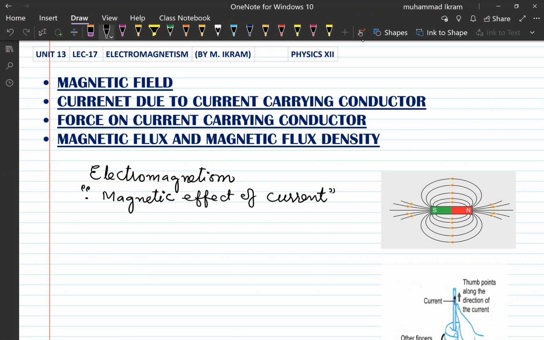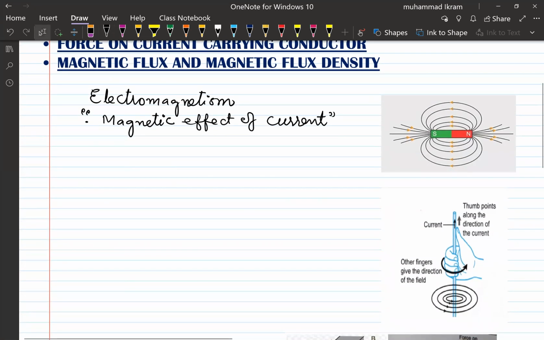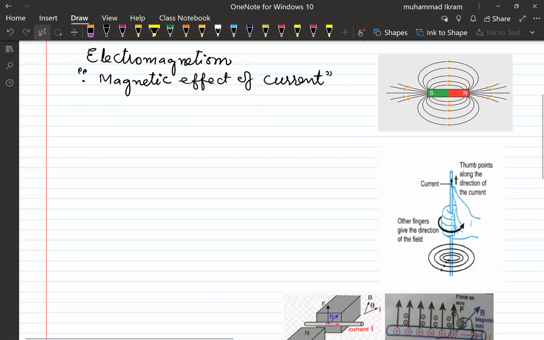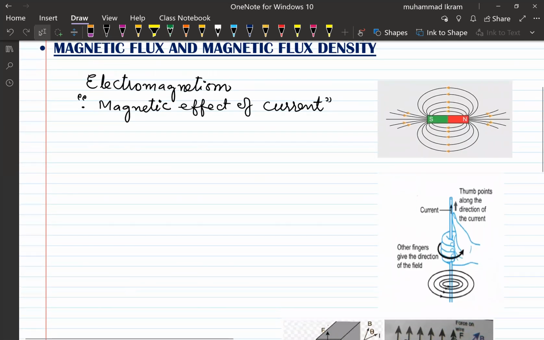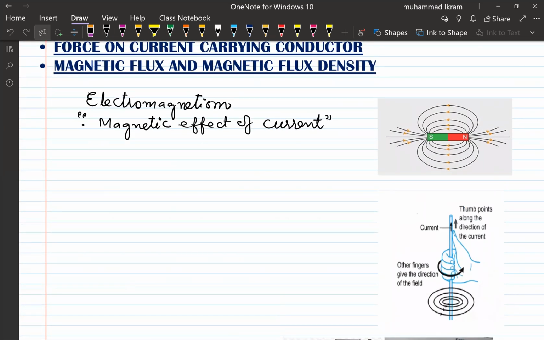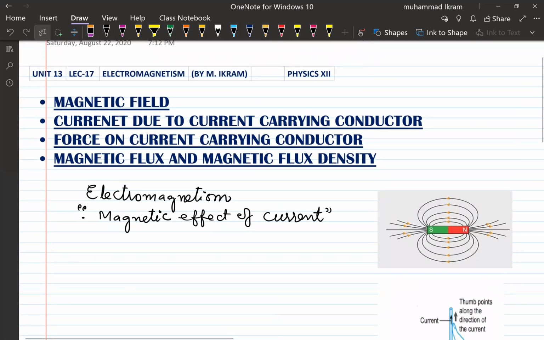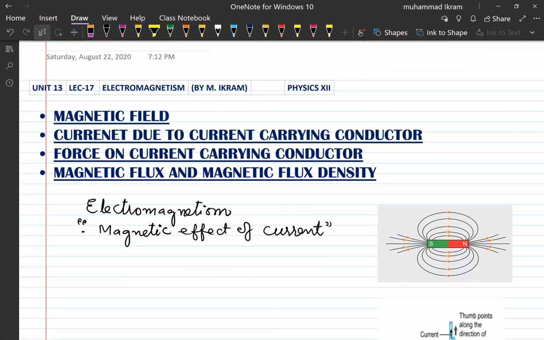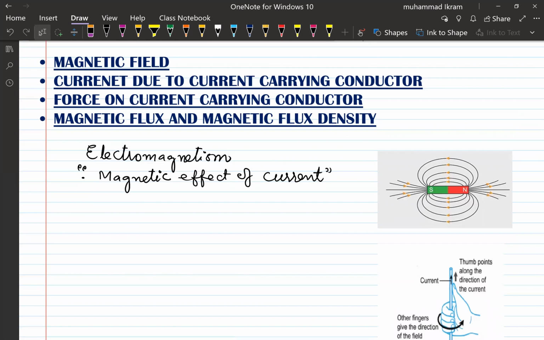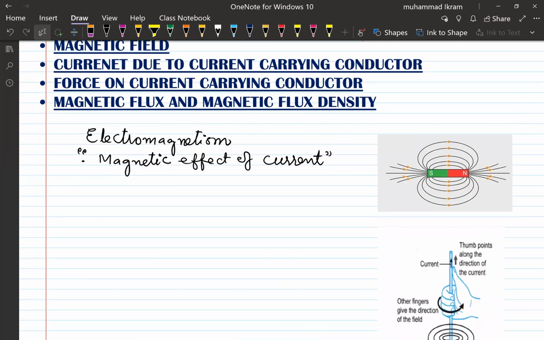He was a Dutch professor of physics at the University of Copenhagen, and he was demonstrating to his students the relation between electricity and magnetism. And this effect happened all of a sudden. Actually, he was proving something else to his students.